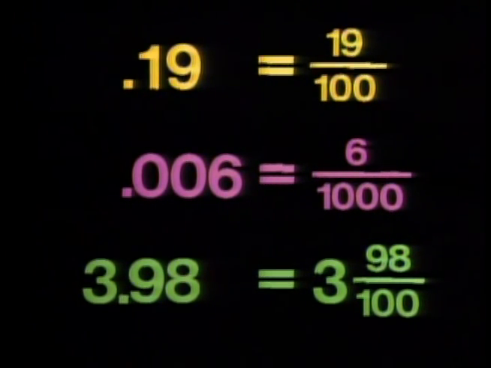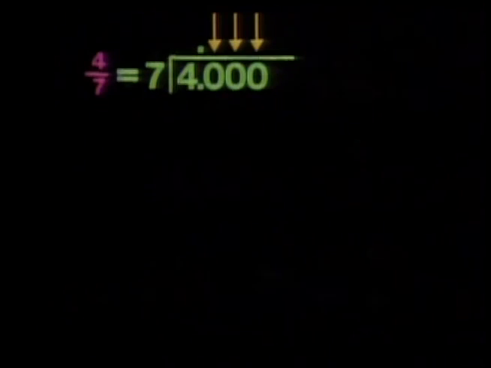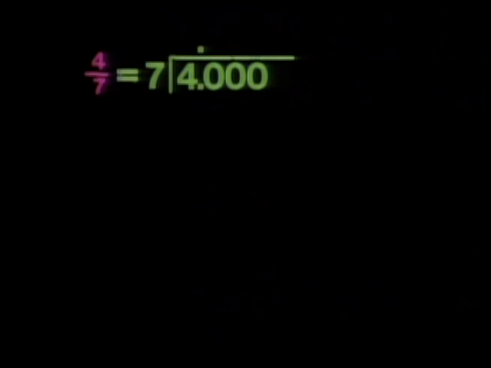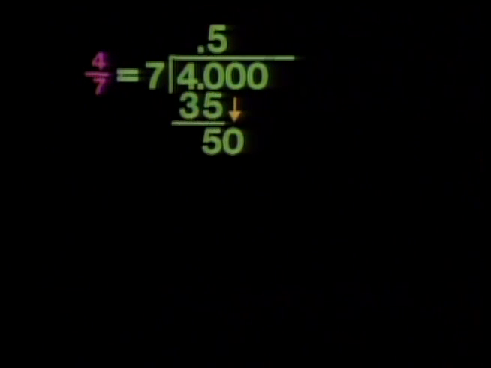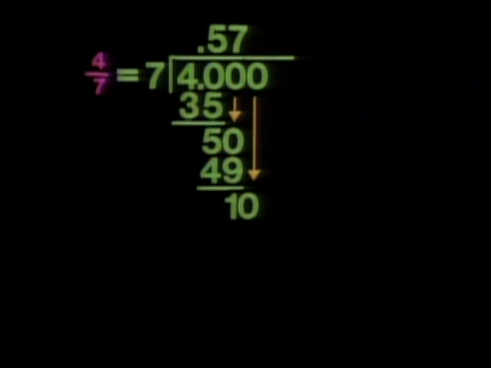All we do is rewrite it with a denominator of 10, 100, 1,000, or whatever the right power of 10 may be. As for the reverse, changing a fraction to a decimal, we simply think of the fraction as an order to divide, decide ahead of time how accurate we want the answer to be, and go ahead as with any problem in the division of decimals.